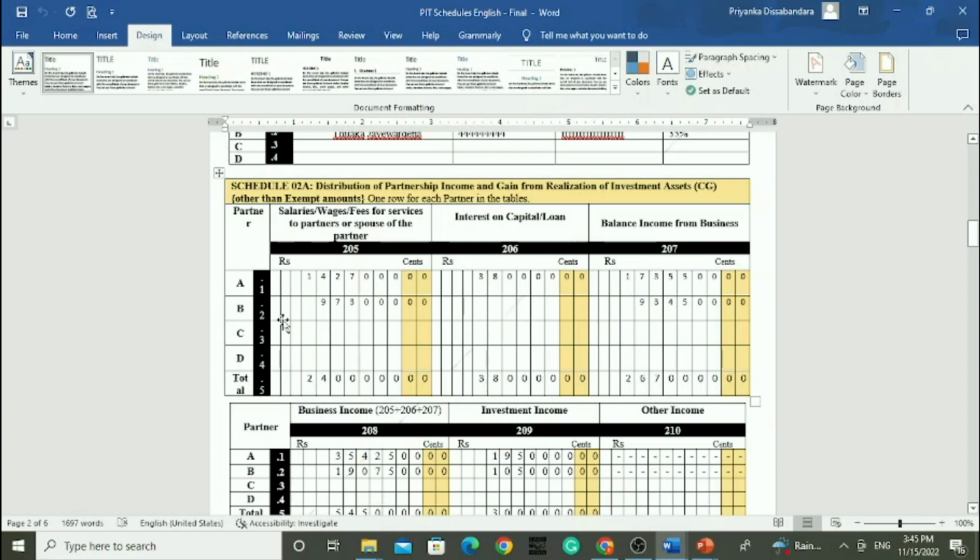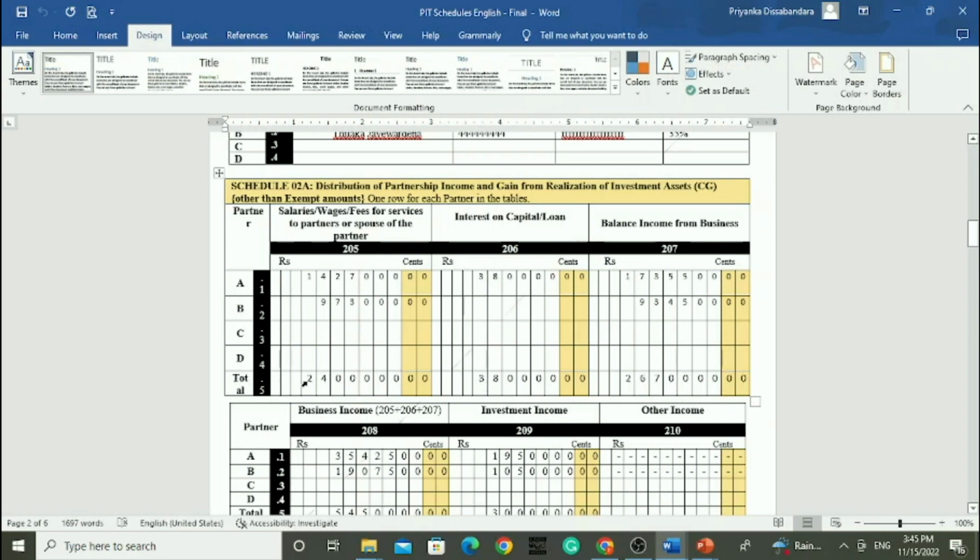You should enter these details in the column 205. Then the interest paid to the partners should be included under column 206. After that, there will be a balance income from the business. You have to enter that amount under 207 column.